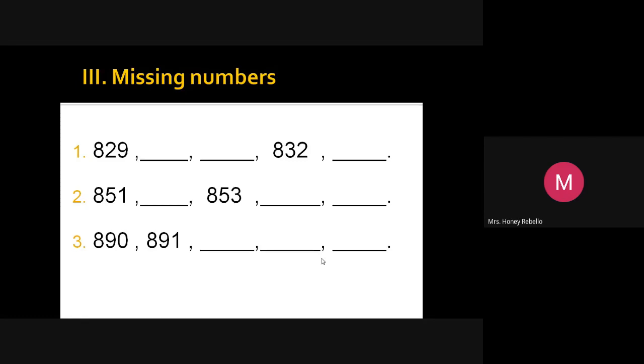MISSING. Missing. NUMBERS. Missing numbers. Leave 1 square below that and write number 1 in your margin.